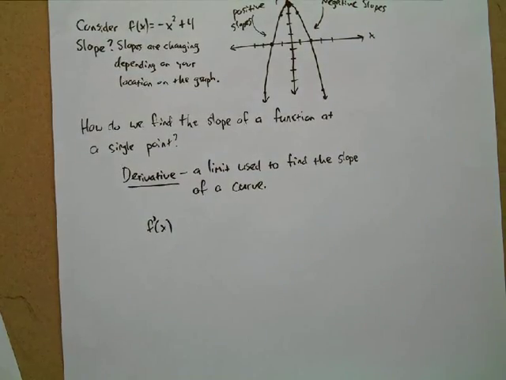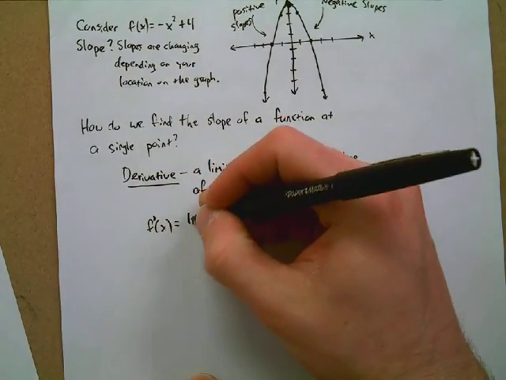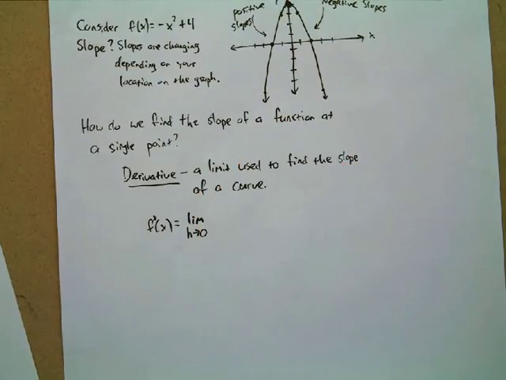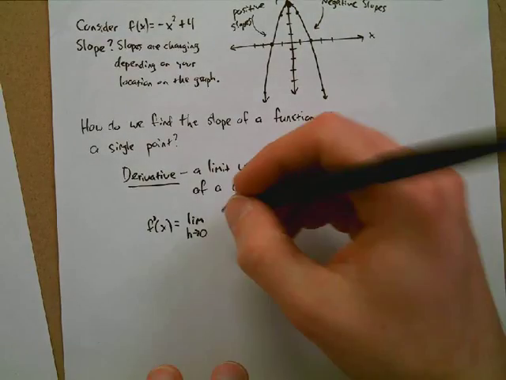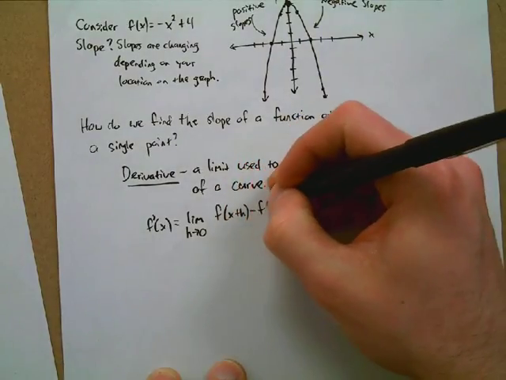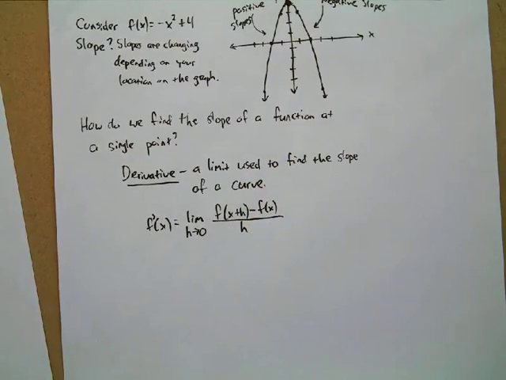And the way we find that derivative, which is what we've been leading up to here, is we take the limit as h approaches 0. So now you can see why we had to wait to learn this. The limit as h approaches 0, because we just learned about limits, of f of x plus h minus f of x all over h. So the definition of the derivative is merely the difference quotient with a limit attached to it. It's the limit as h approaches 0 of the difference quotient applied to your function. Okay.